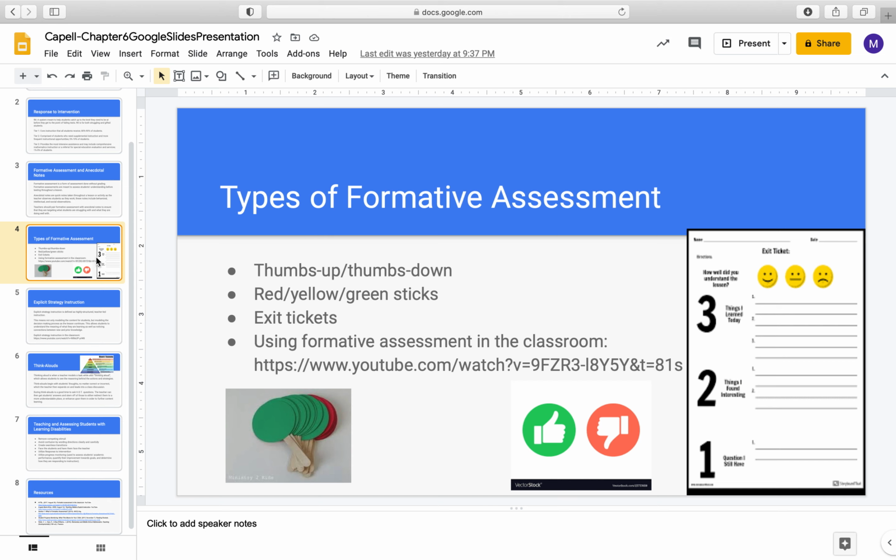And you can better assess what they know, what they don't know, especially if the exit ticket on the screen is just things I learned today, things I found interesting, and then any questions they might have. But even if you put a specific question or problem about the content and then have them solve it, and then also have them do, what did I understand?